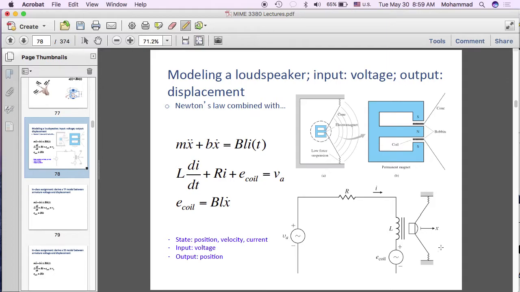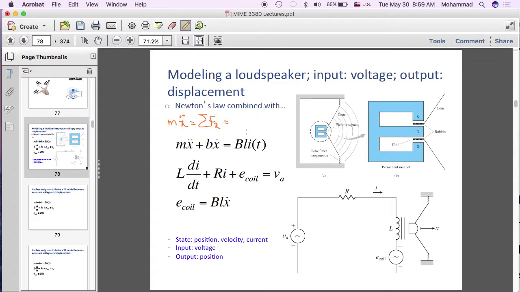If you look at the mechanics of it, because this coil or the moving parts have a mass, if you write Newton's second law, you have m x double dot equal to the sum of all the forces in the x direction. One of them is the force that is generated according to the law of motors. You have a wire in a magnetic field and you pass current through it.